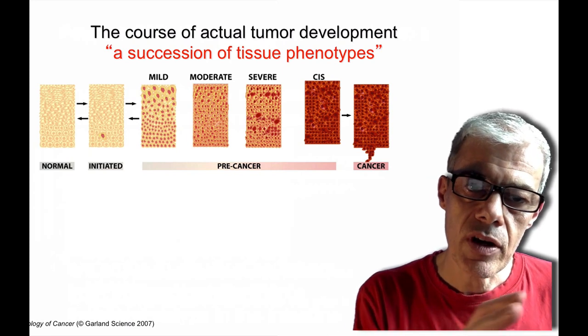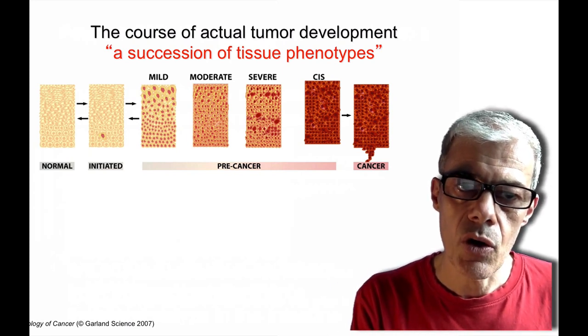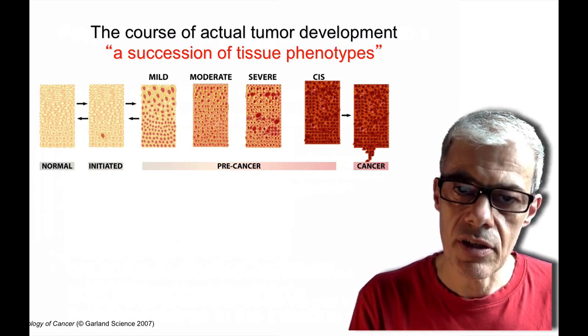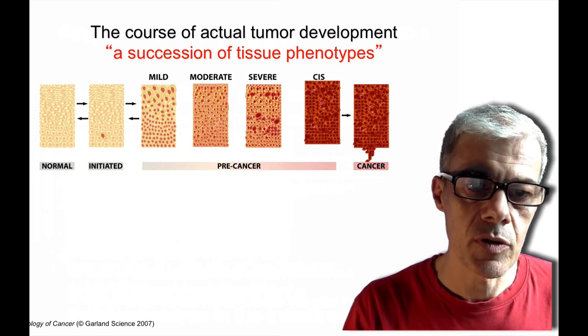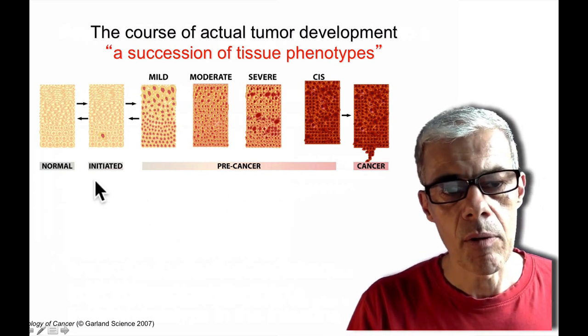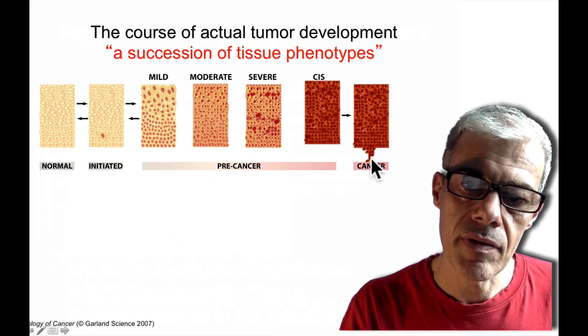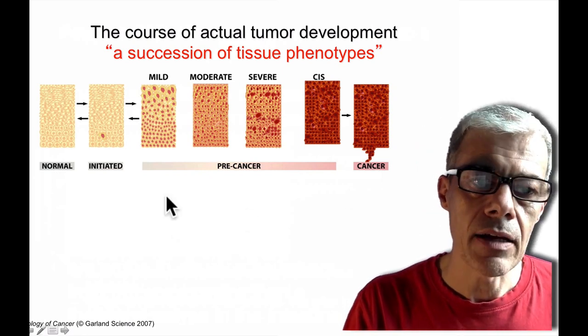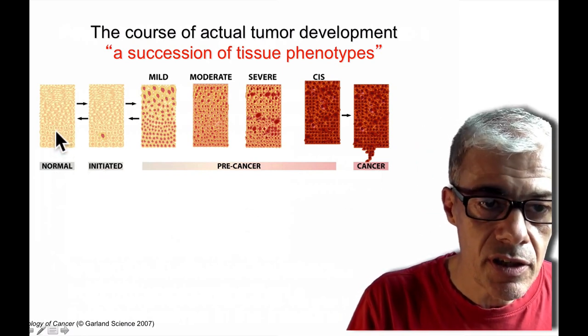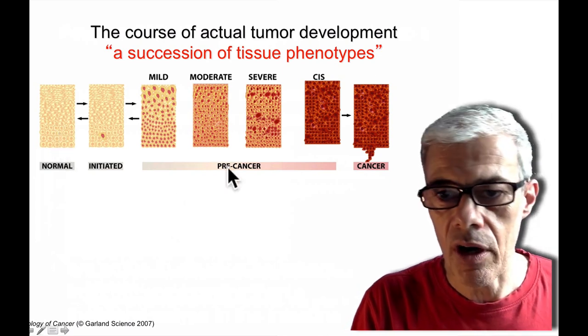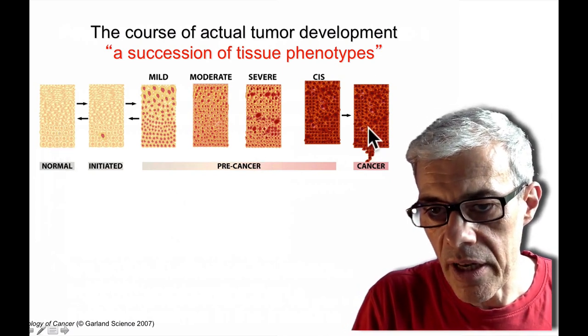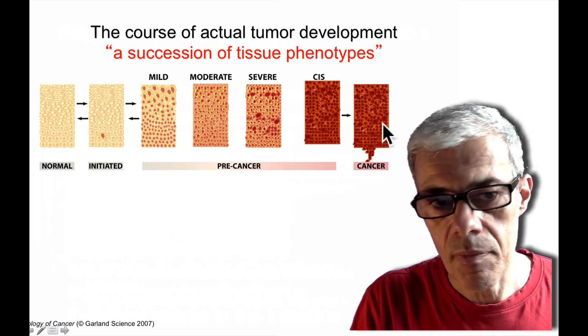I've got a nice series of pictures here that show this idea of a succession of tissue phenotypes. Here we have a normal cell, and here we have a cancer cell, and it's not as if a mutation occurs in one of these cells to give rise to a highly malignant cell type which then grows.